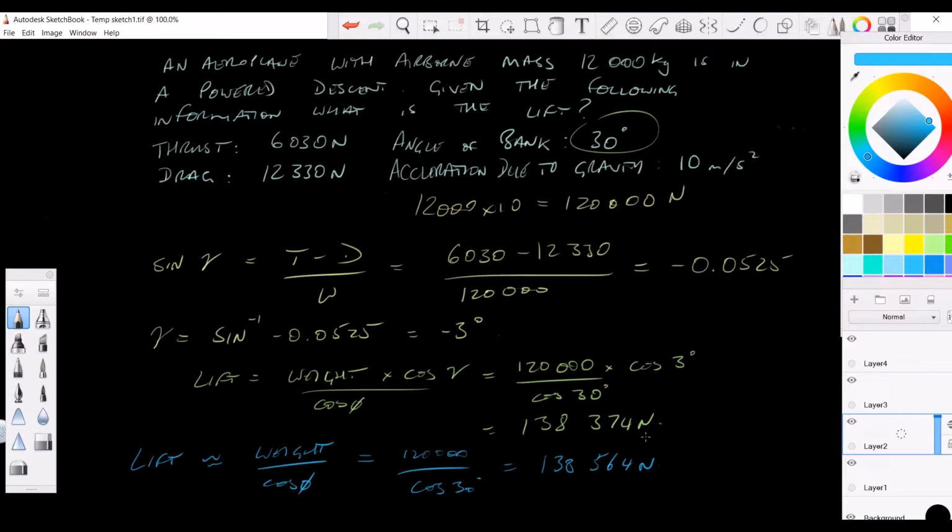Now, if you go into a steeper descent, you would get more of a difference. At a 10-degree descent, the difference the descent makes is about 1.5%. So lift is about 1.5% less than it would be in level flight at 10 degrees. But that's an 18% descent gradient, which is very steep.